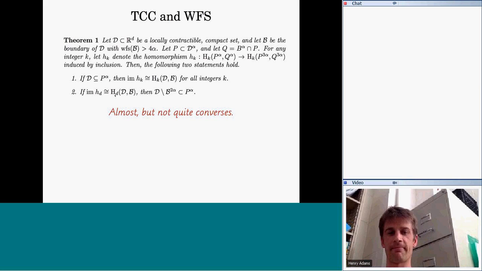And then if I only know isomorphism at the lowest dimension, then I have the TCC condition. Is that correct?